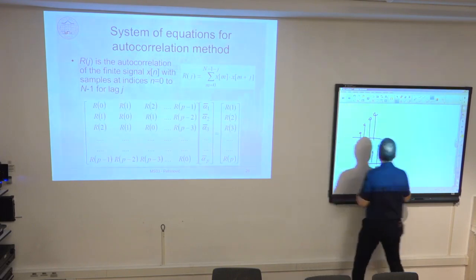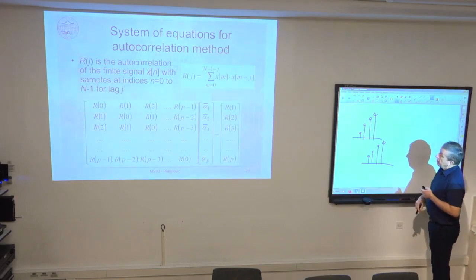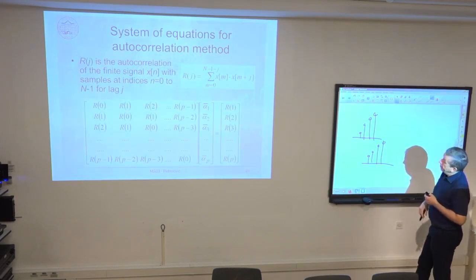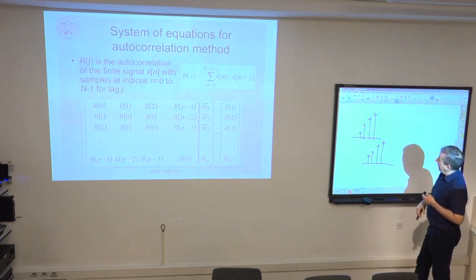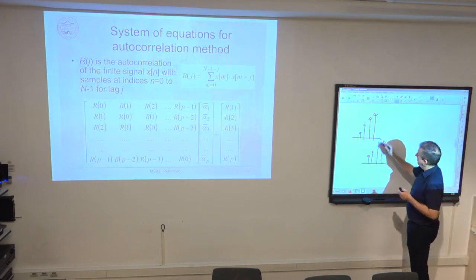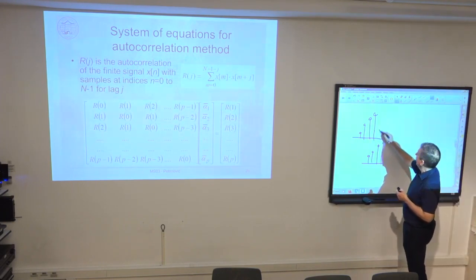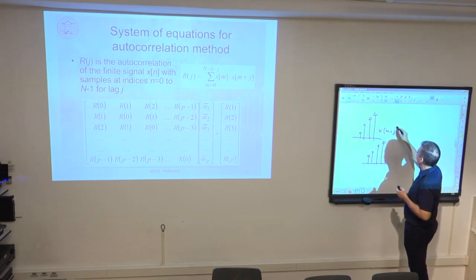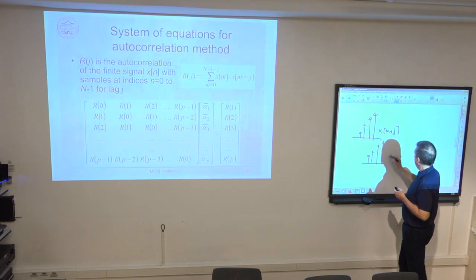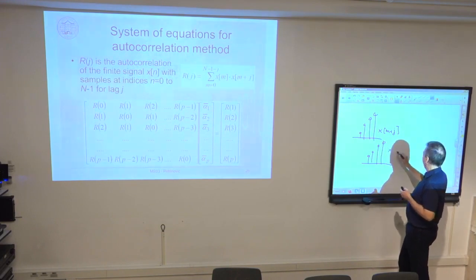So this is, if it is plus, then this would be x of m plus j, and this would be x of m.